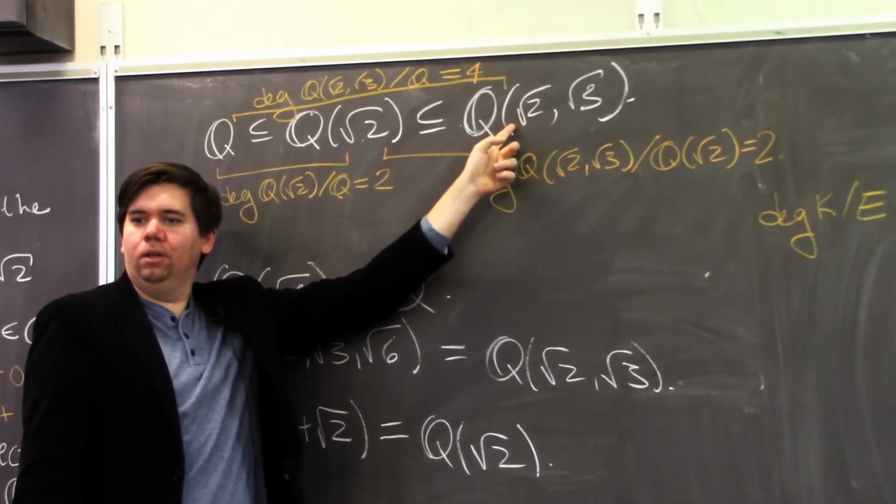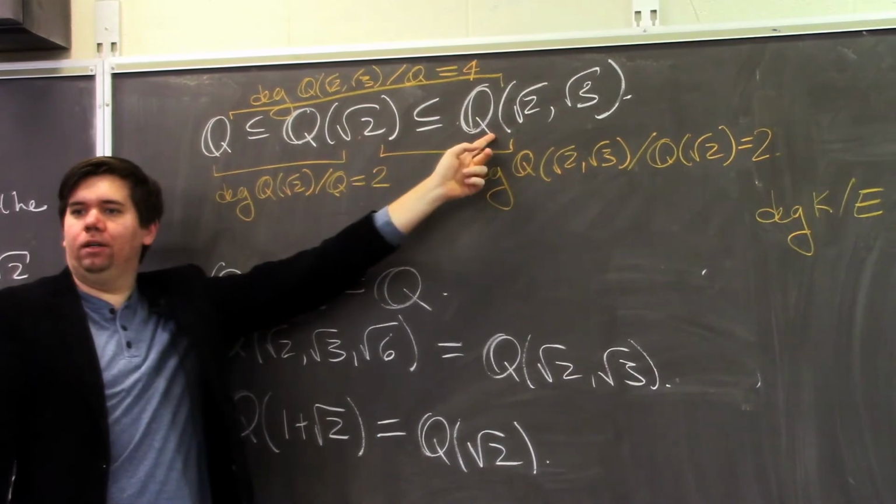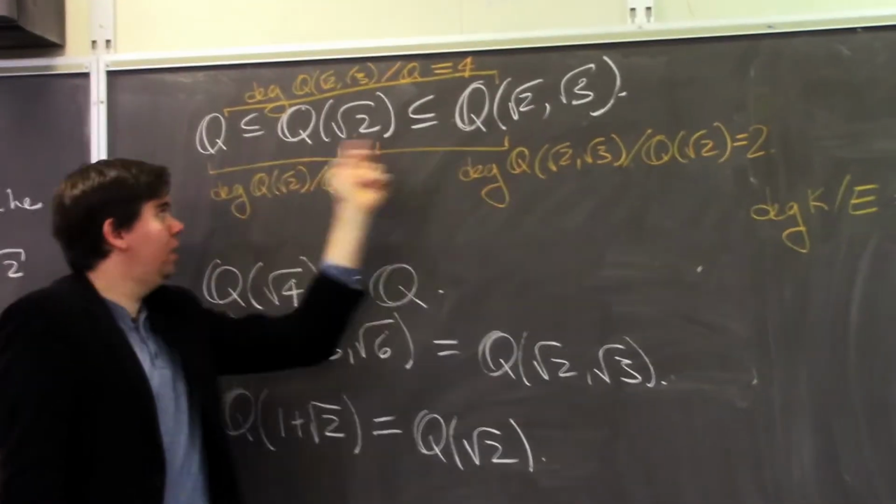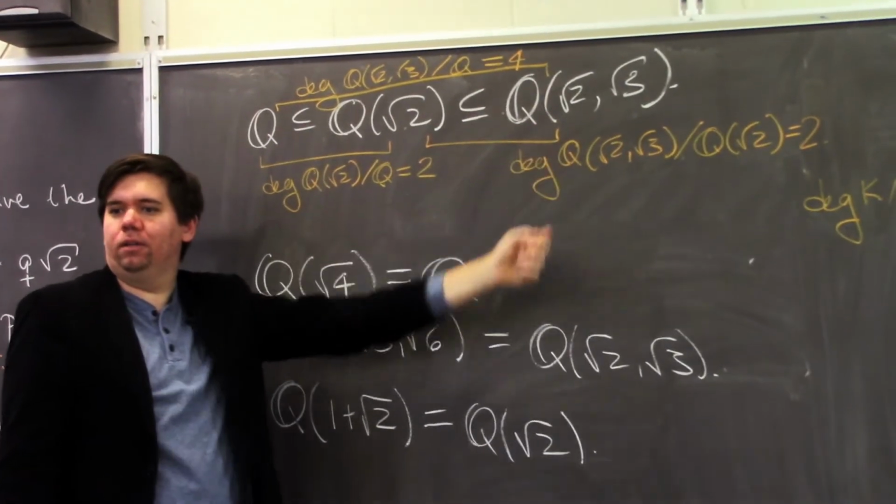We extended by 2, we extended by 2, we end up with an extension of 4. You extend by something of degree 2, then another degree 2 extension, the result is 2 times 2, 4.